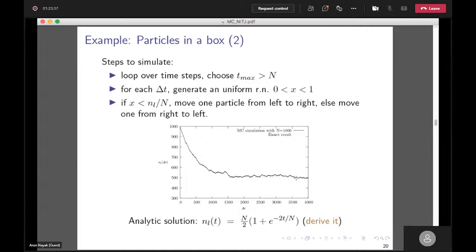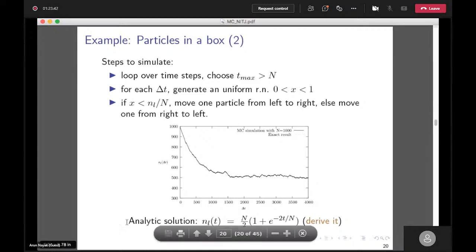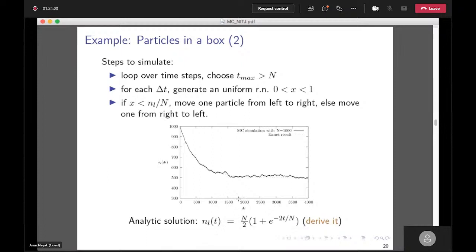You can derive this with the analytic solution, and you will get nl(t) equal to n by 2 times (1 plus e to the minus 2t by n). I ask you to derive this. This analytical function is also shown here as a dotted line, and you can see that the solid curve and the dotted curve are almost on top of each other.